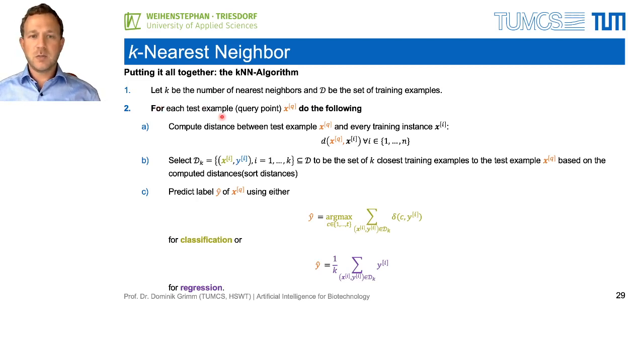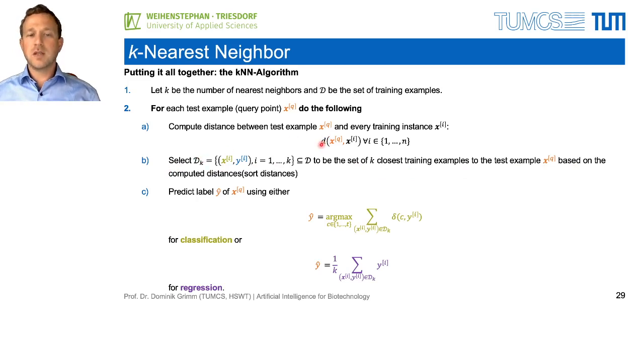For each test example, or each query point, xq, so we could have several of those unknown points, we do the following. We first compute the distance between the test example xq and every training example xi, using the distance measure that we chose. Then we select the subset Dk of my data set with the k closest training examples to our test example xq, based on our computed distances.